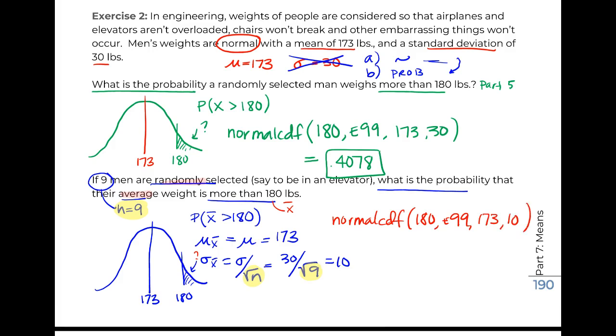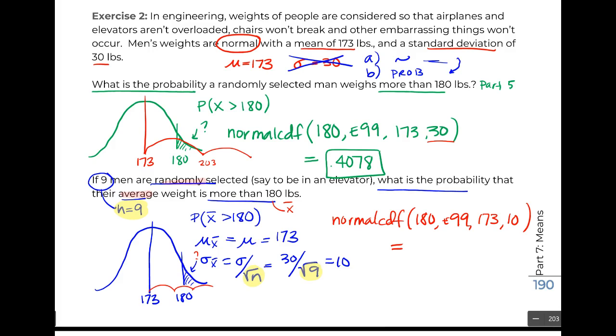And this is where it would make a big difference if I was actually good about spacing out my graphs, because the standard deviation of 30 means that my first bunny hop is actually at 203. So I did not draw my curve nearly wide enough, or I put 180 way too far away from 173. Whereas here, our standard deviation is 10, so our first bunny hop will be at 183, then 193, and then 203. So our entire distribution is a third as wide as our original distribution.